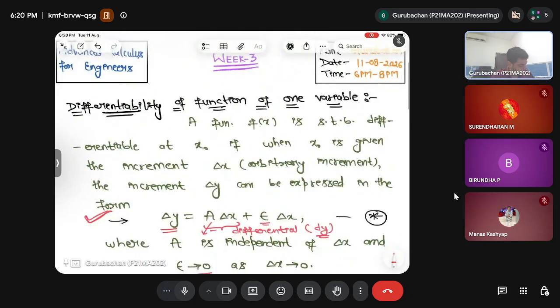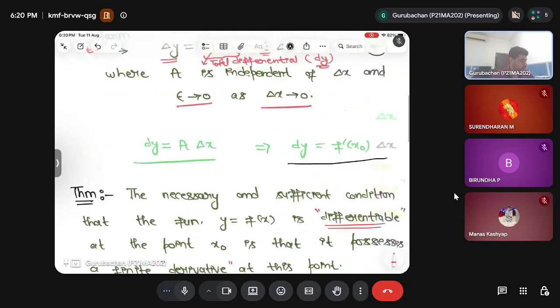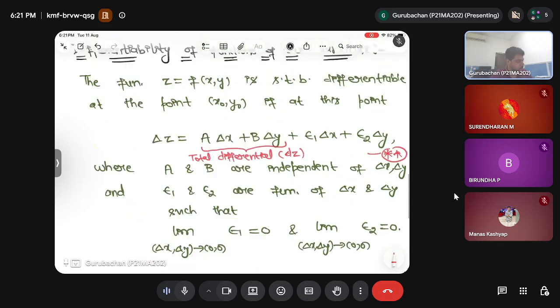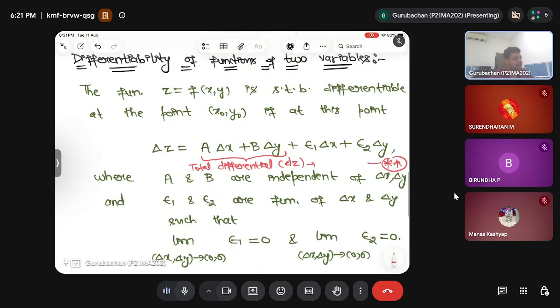So here a is nothing but f x at (x naught, y naught), and b is f y at (x naught, y naught). This part is also called the linearization of z around (x naught, y naught). So this is the differentiability in the case of two variables.